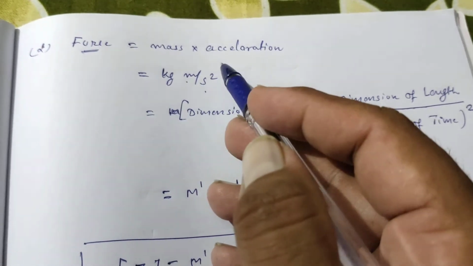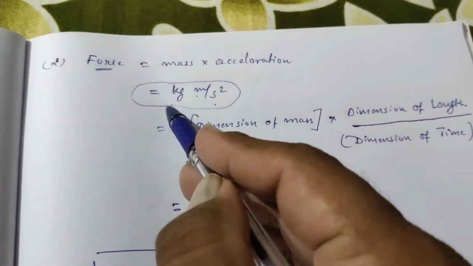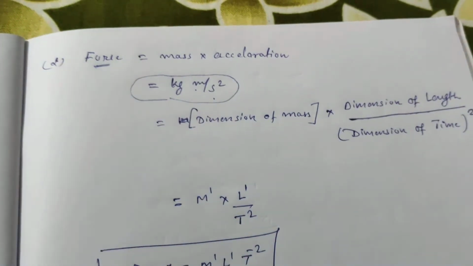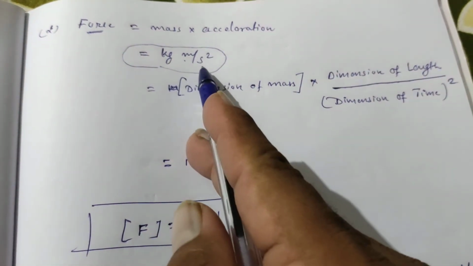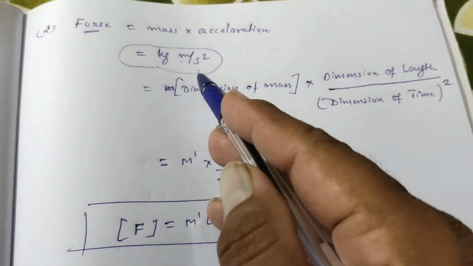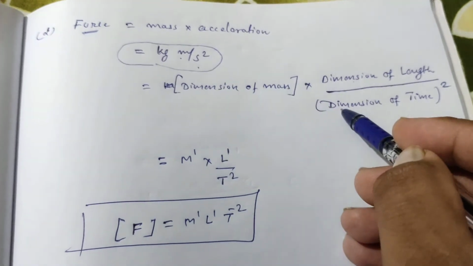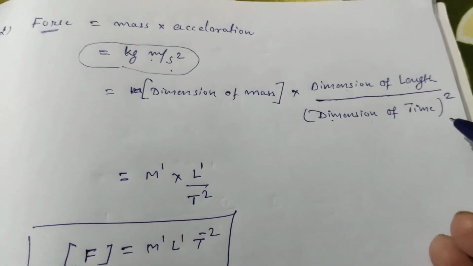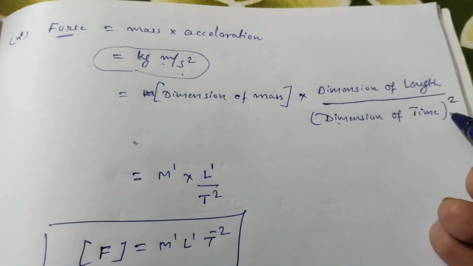Hope you know this formula, as well as this is the unit of force. Okay, so kg is nothing but the dimension of mass, meter per second square. Meter stands for dimension of length, divided by s square. S means second square, so it means dimension of time. Okay, but over here it is square, so over here we have to write square.